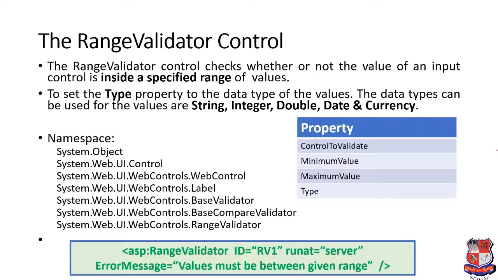It will set some range. If a user enters some value outside the range, then it will give an error message. If a user enters a value inside that particular range, then the value is submitted.